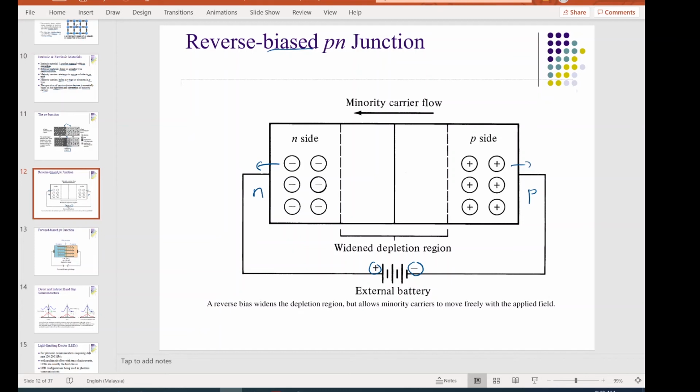With this configuration, we only have minority carriers flowing inside the junction, and the depletion region is widened.